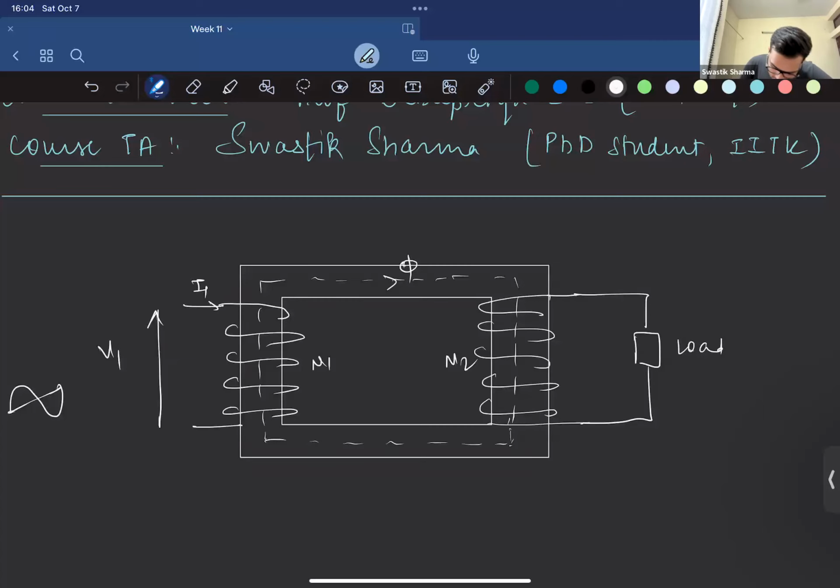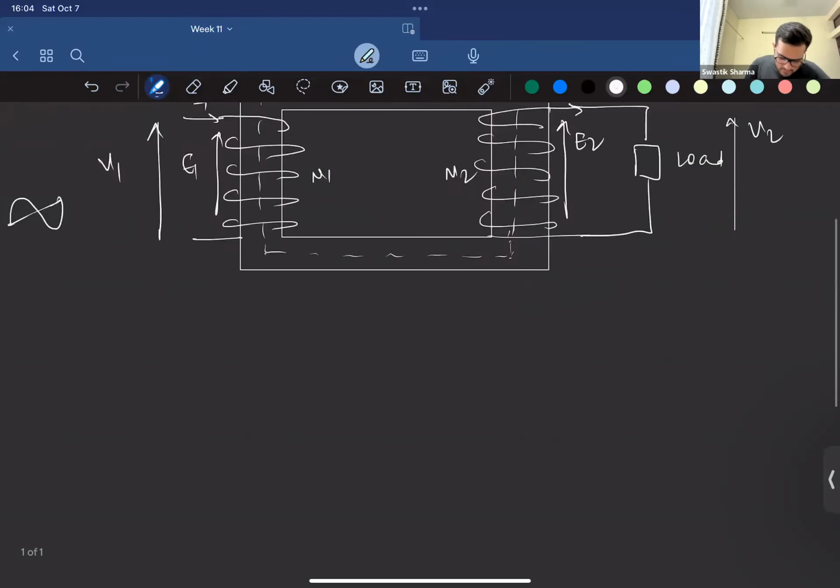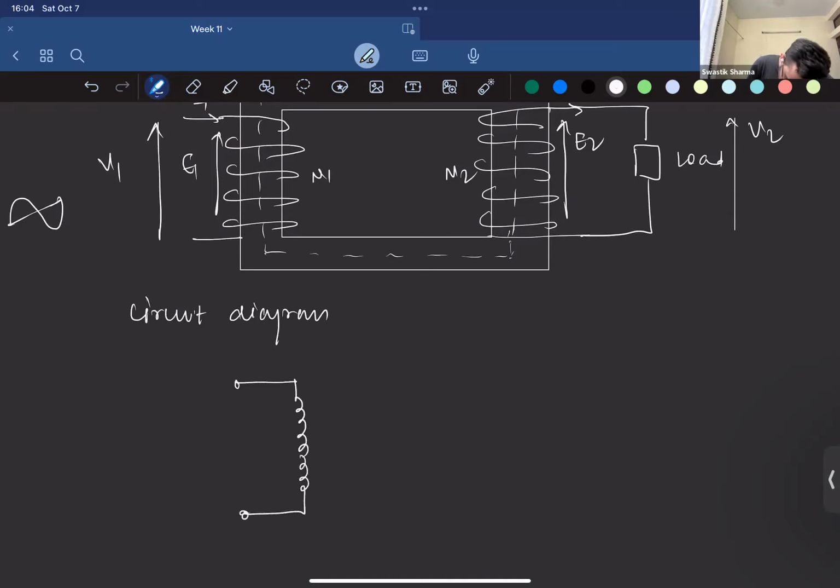This causes a current I2 to flow at the second side, and the formation of V2 voltage with induced voltages E2 and E1. This is how the circuit diagram would look, and we can represent it something like this. So V1.